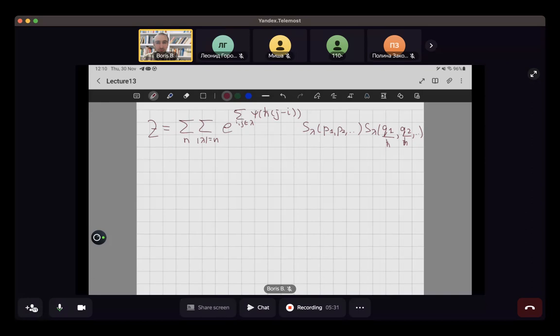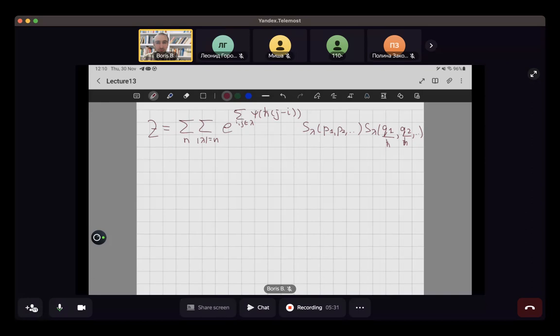And I will use the following notation. This is the notation, and it is called a vacuum vector, and it means one.